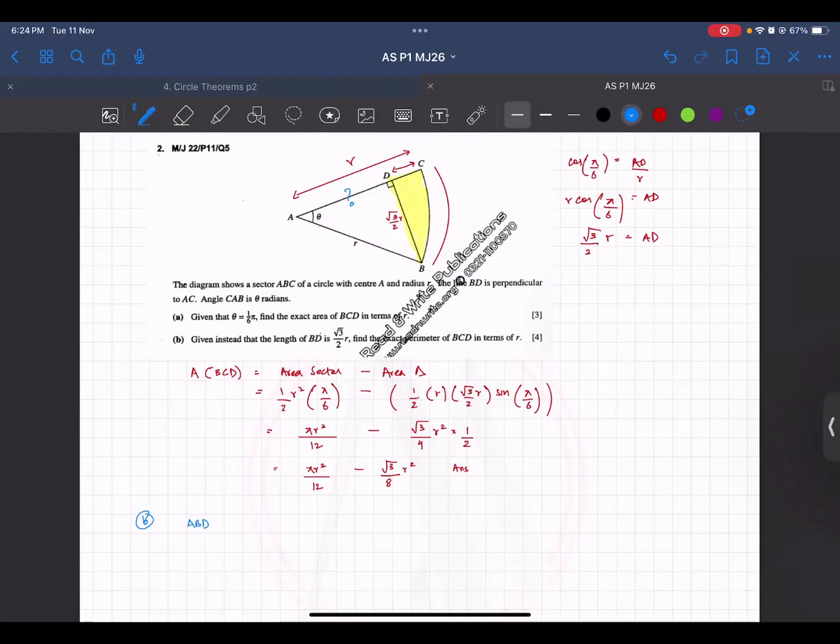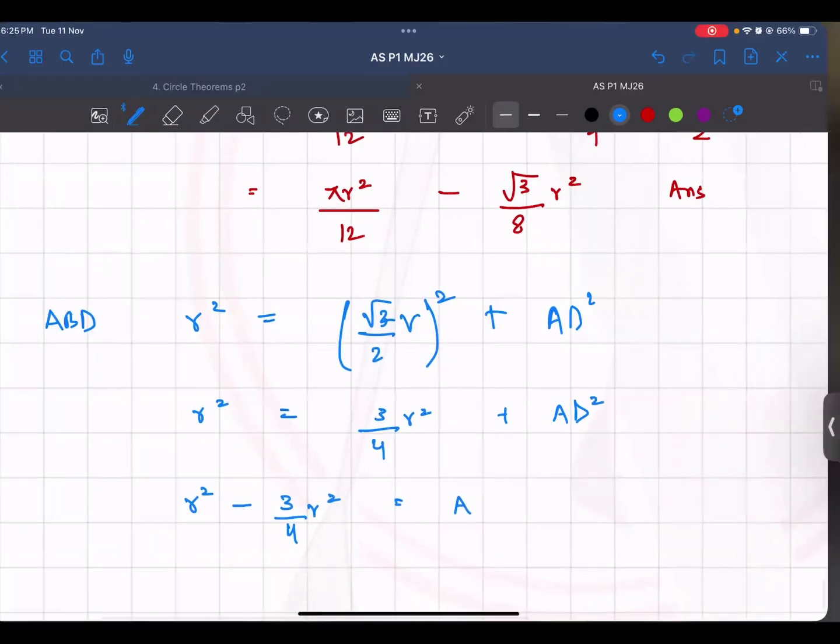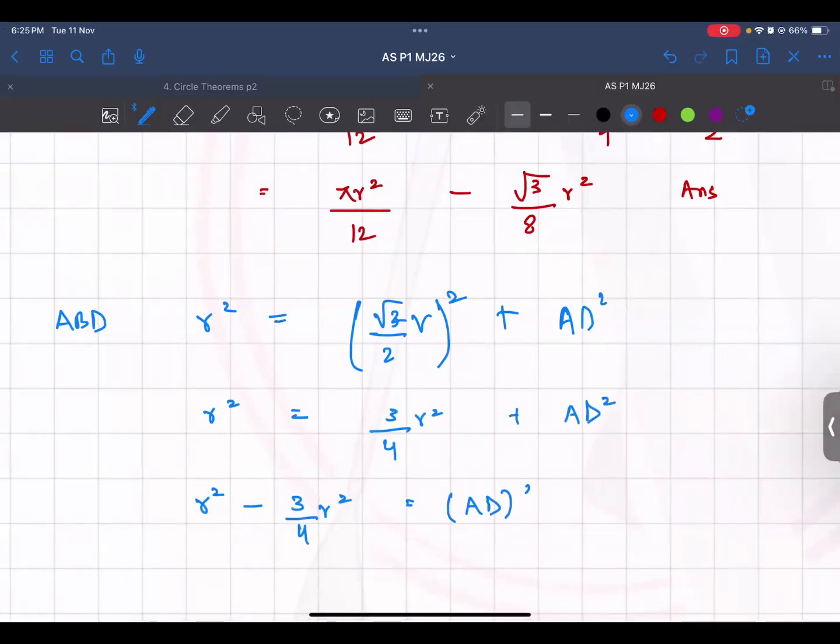So hypotenuse square is radius square, R square, and then root 3 by 2 R whole square plus AD square. Let's simplify this. R square minus 3 upon 4 R square is equal to AD square.